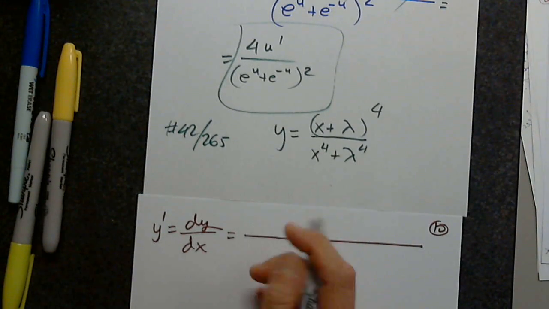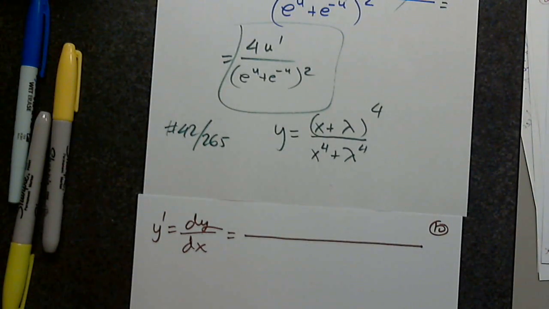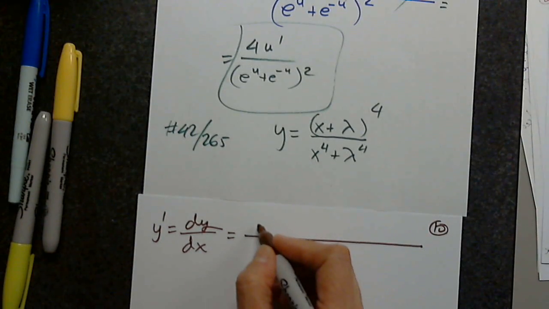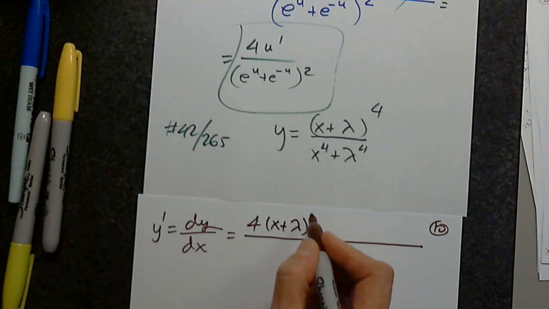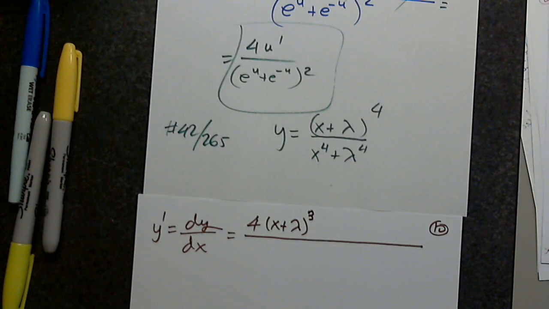So, can anyone dictate how do I differentiate this? 4 times x plus lambda to the third, good, times the inner function prime. 1. I don't have to worry about it.